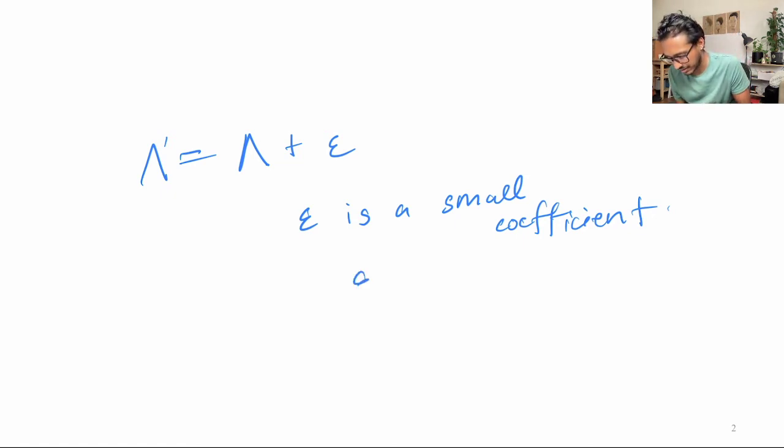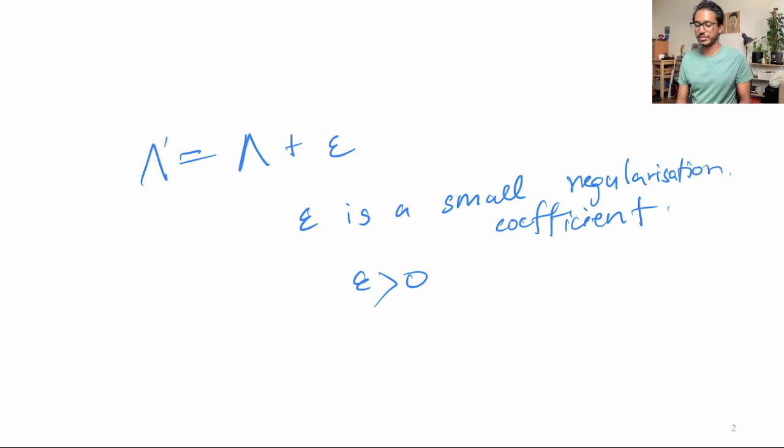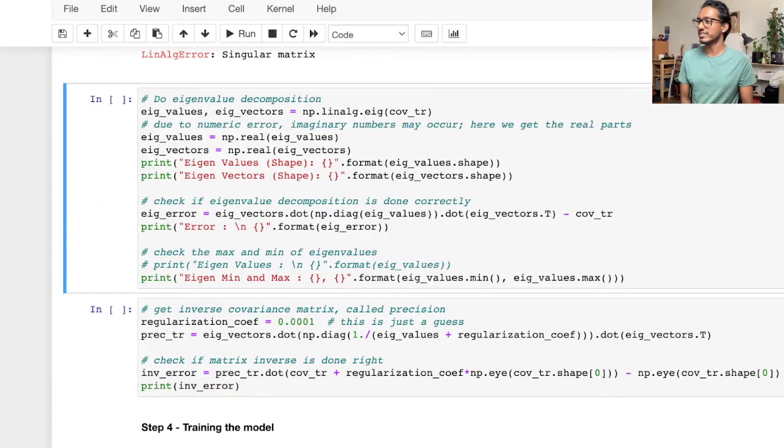You can see that epsilon is greater than 0. So this is a really small coefficient which we call a regularization coefficient. Alright, now let's go back to our code and we can do these interesting things.